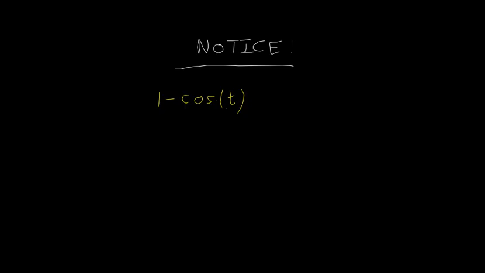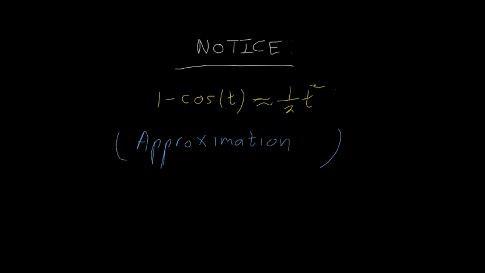It's completely allowed. 1 minus cosine of a small quantity t is going to behave like 1/2 of that quantity squared. This is an important approximation. Sometimes we make approximations in mathematics and science. So 1 minus cosine of t should be approximately equal to 1/2 of t squared.